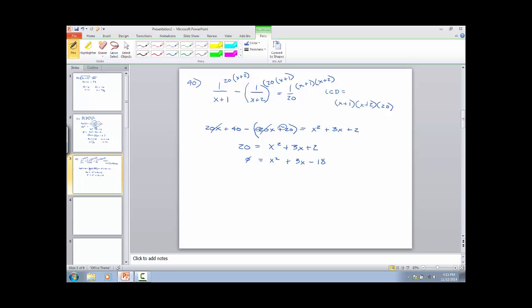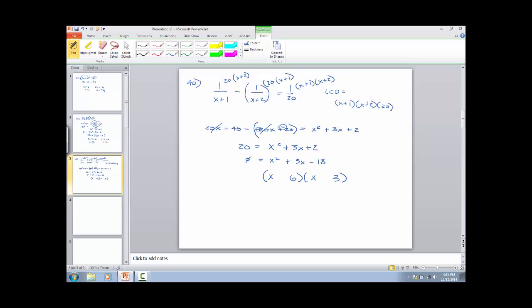Alright, now we've got it in the quadratic equation format, and we go back to our factoring. x and x. Let's see, we've got 6 and 3, 2 and 9, and 1 and 18. I kind of think that 6 and 3 is going to work for us. So let's put a 6 and a 3.